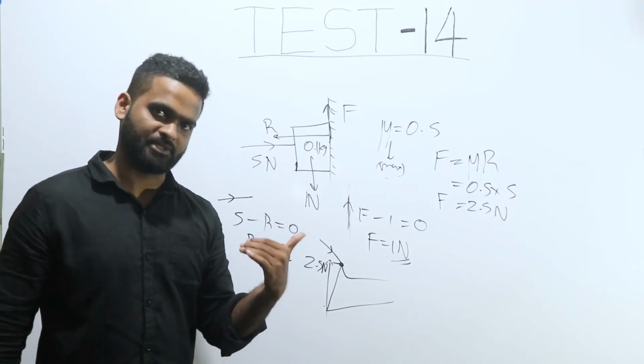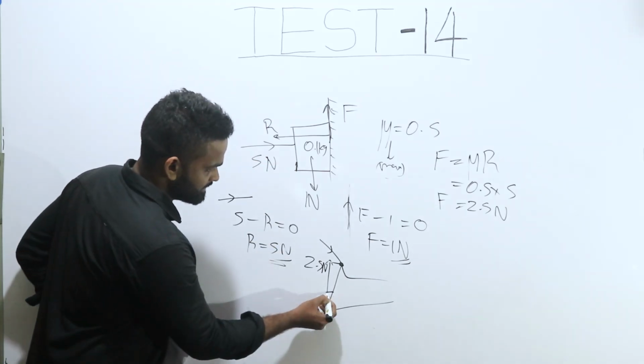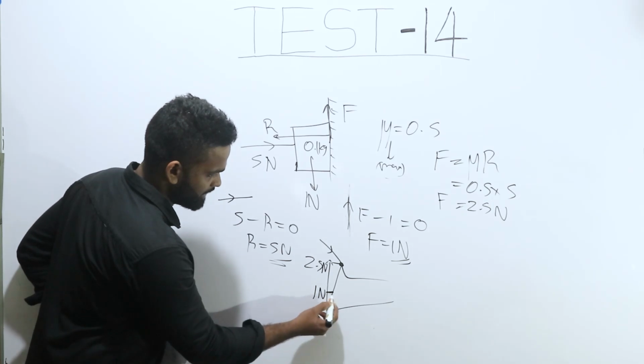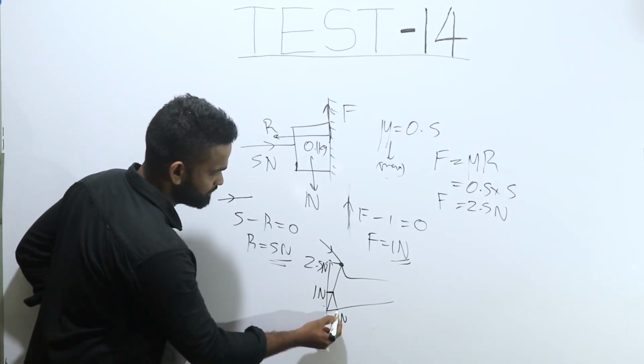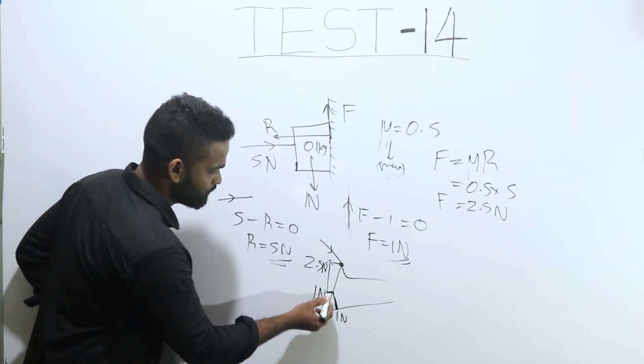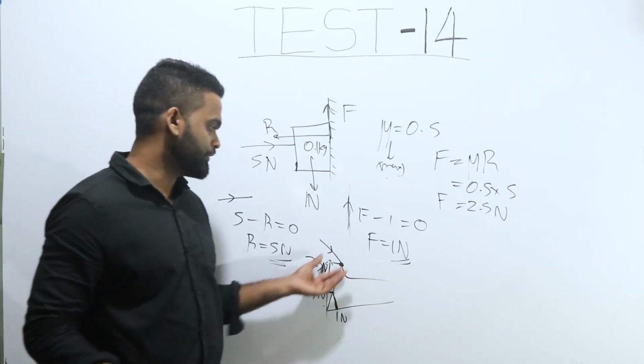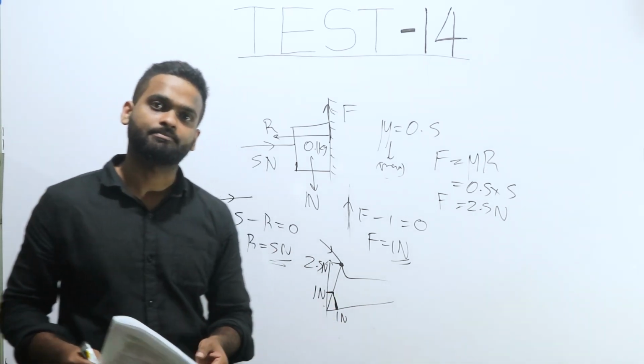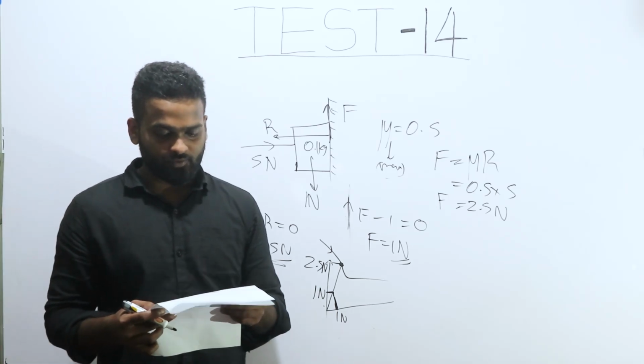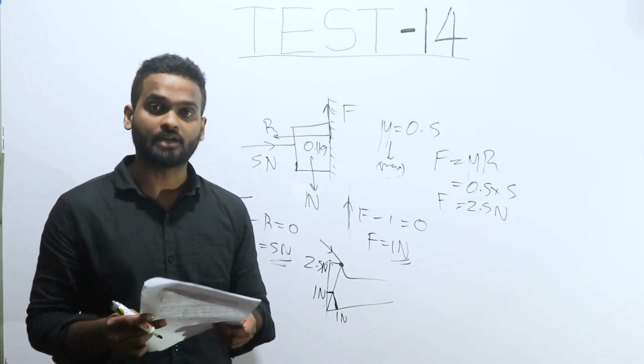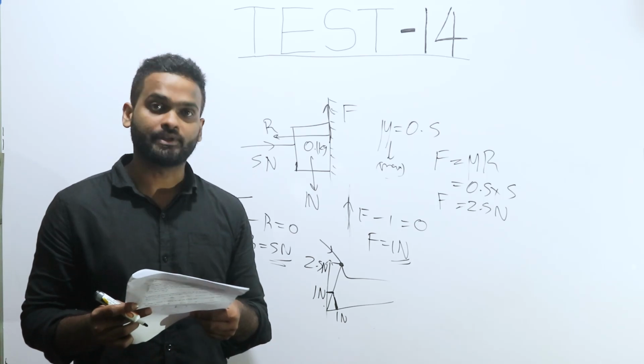It is before that limiting condition. So it is like friction 1 Newton here, then the apply force to balance. Apply force 1 Newton. 1 Newton of friction is enough. We don't have to go for 2.5. So the answer should be 1 Newton. Answer is second one for the 8th question.